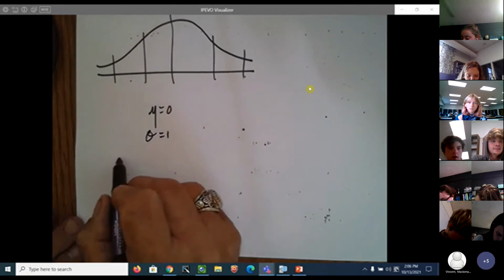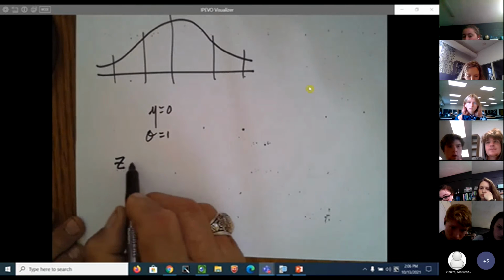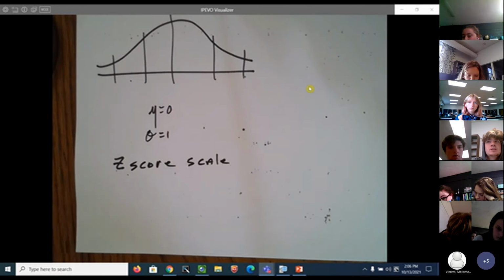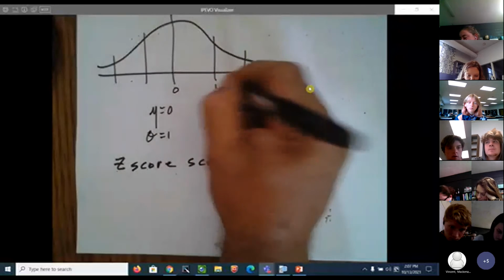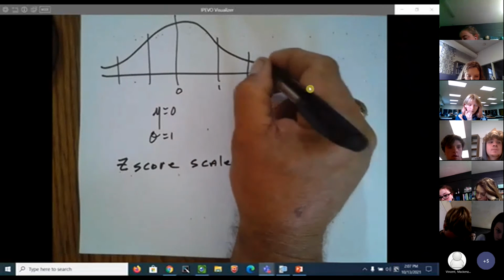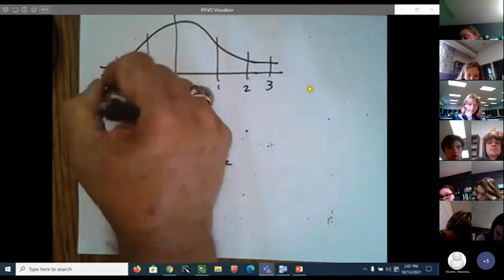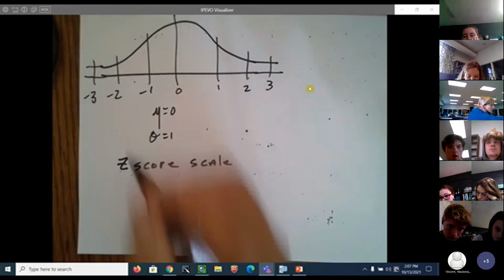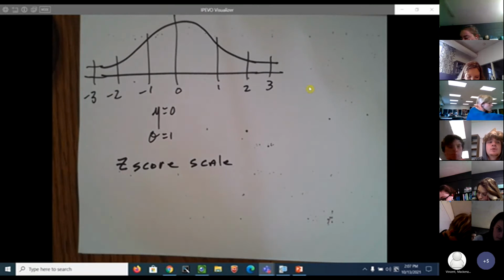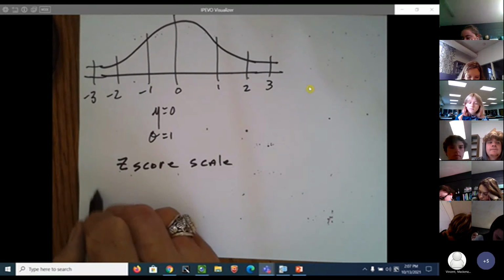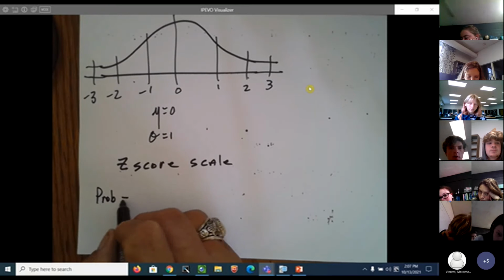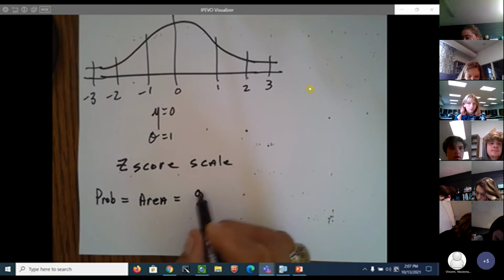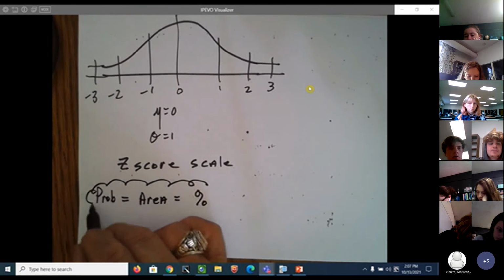Therefore, you're using the scale like a z-score scale: 0, 1, 2, 3, -1, -2, and -3. And of course, they're going to ask you for the probability. Remember that probability is the same thing as area, same thing as a percentage. All three of those mean the same thing.